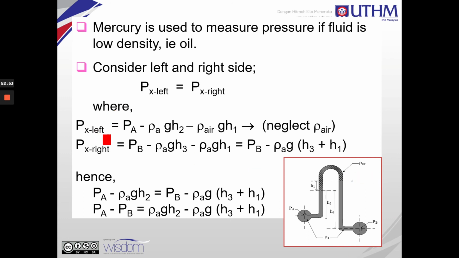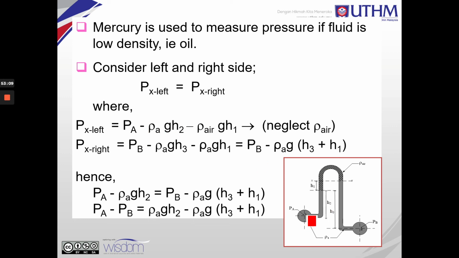For Px left, we include PA minus, because the direction of the flow goes upward from this one to this one.